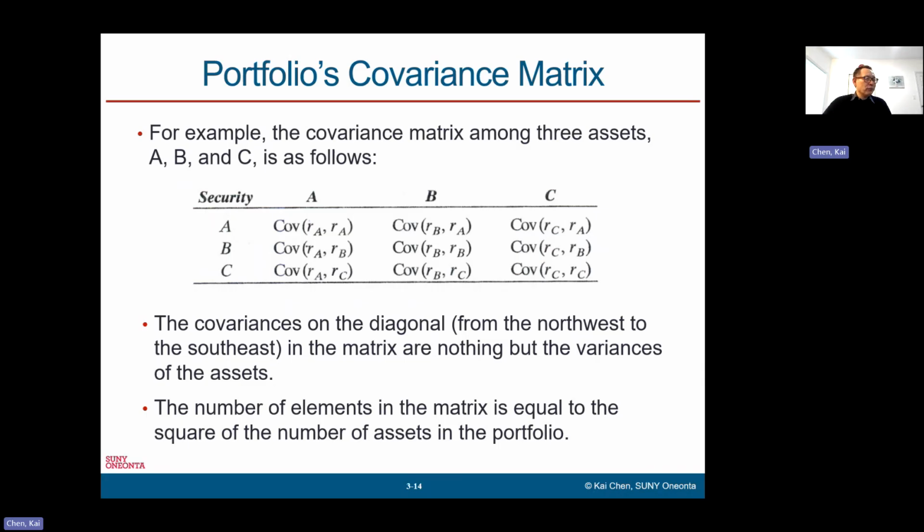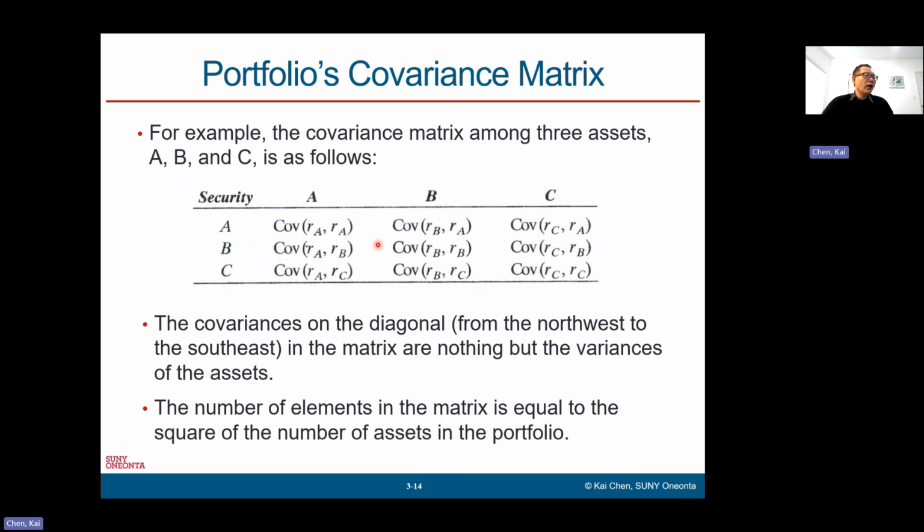Now let's look at this matrix. Each column is labeled by the name of an asset in the portfolio. For example, this is the first column, named by asset A, this column asset B, and this column asset C. Also, each row is labeled by the name of an asset in the portfolio.